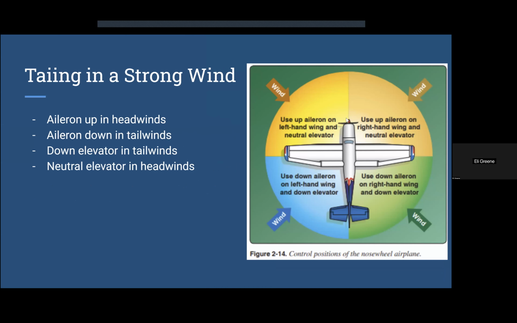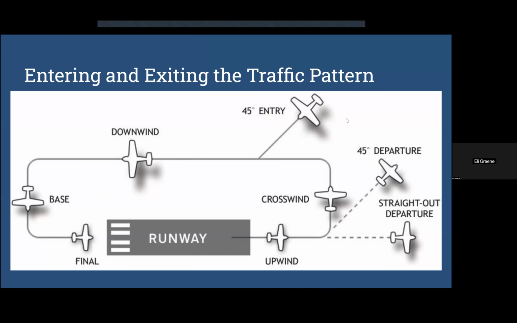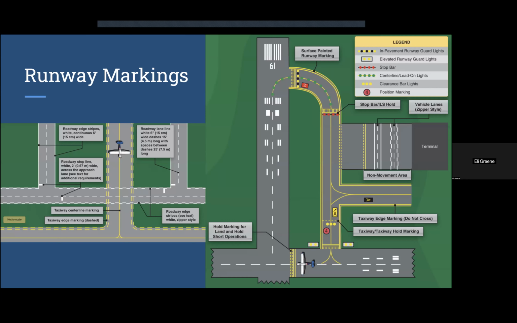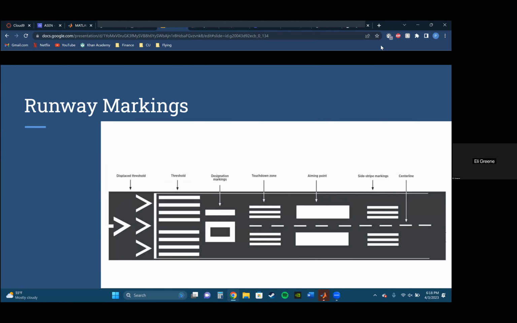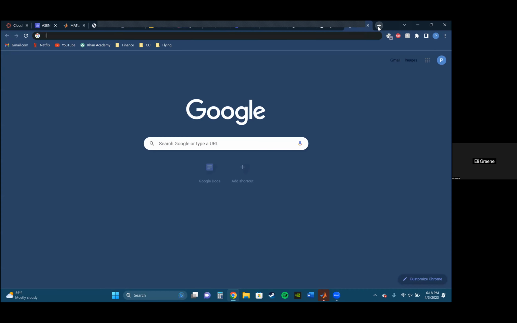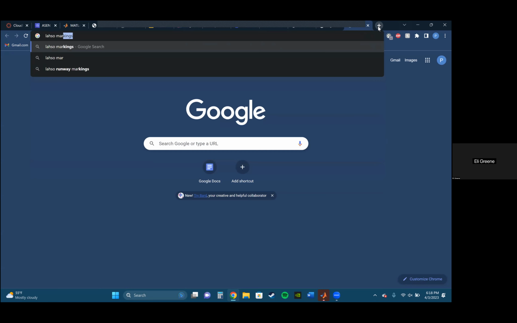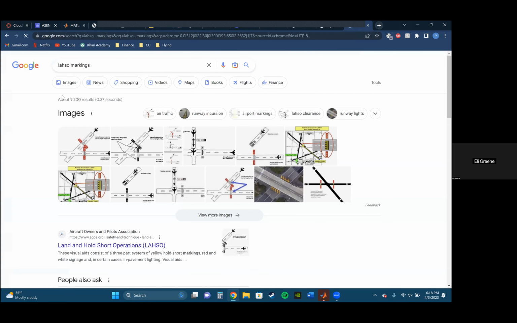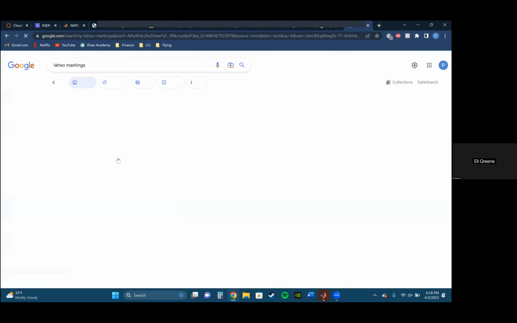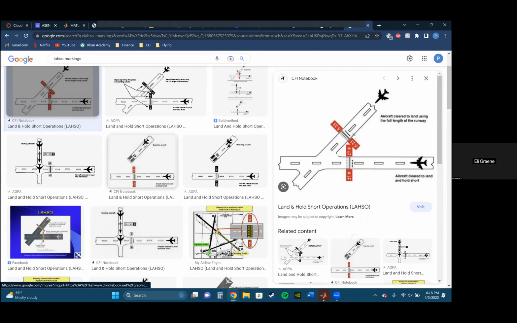Okay, so holding short just means stop before you get to a specific point. The clearance would be cleared to land runway 27, hold short of this point, which they might call taxiway Bravo.